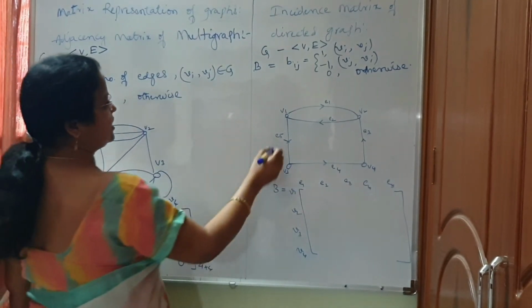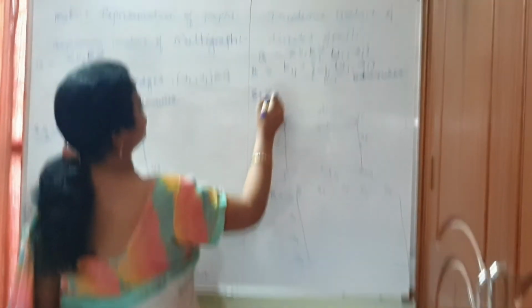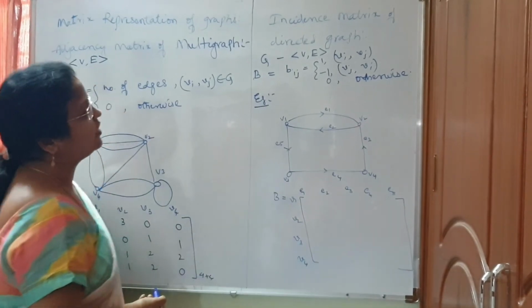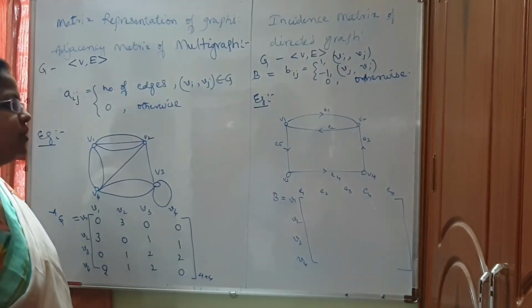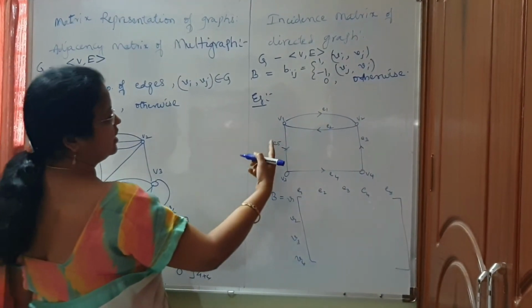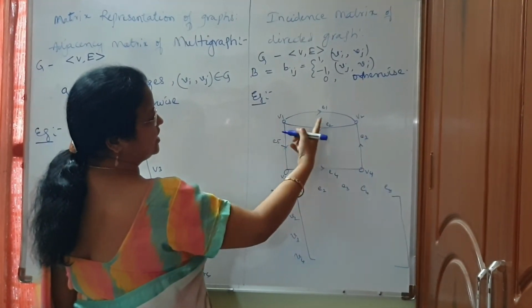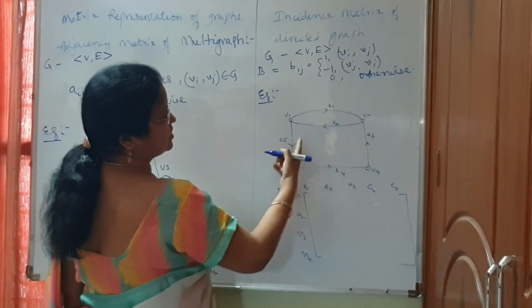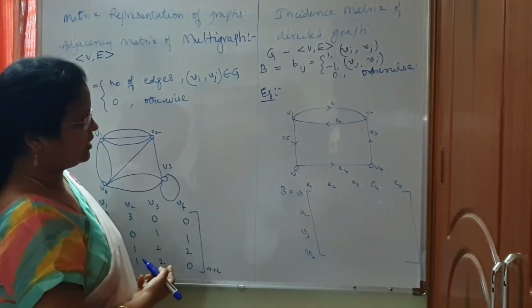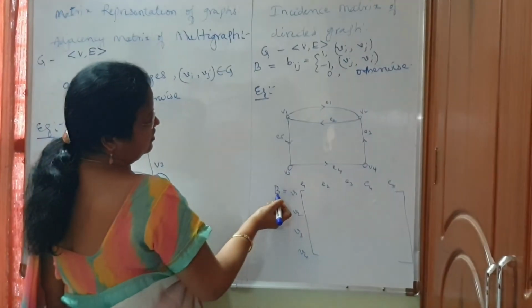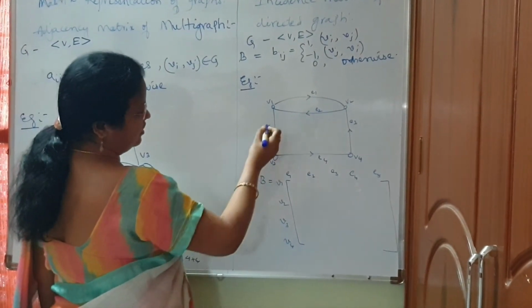Okay, so this is an example of what we call a directed graph. Here we again have 4 vertices, and for each edge I have given a direction, therefore it represents a directed graph. And now we write the incidence matrix of the graph.